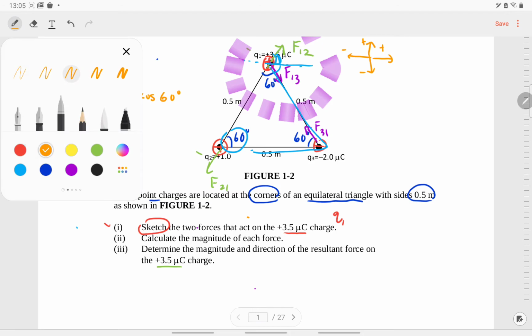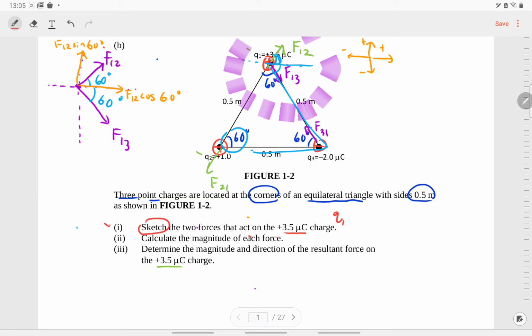Kita ambil another color. So this one is F13 cos 60 degree, and then downward ni adalah F13 sin 60 degree. Ini sepatutnya you kena letak negatif because dia downward, and the rest adalah semuanya positif. So kita fokus pada yang orange color and red color untuk kita create kita punya table.